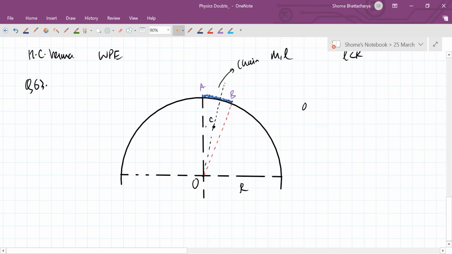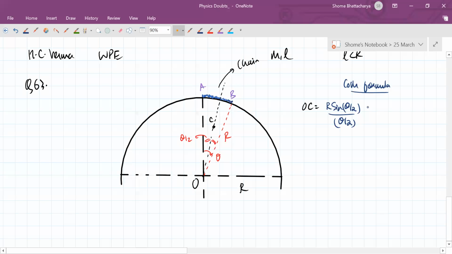Let us say this distance is OC. If this total angle is theta, then this is the angular bisector, so theta by 2. So OC will be equal to R sine theta by 2 upon theta by 2. This is the center of mass formula for a circular arc.